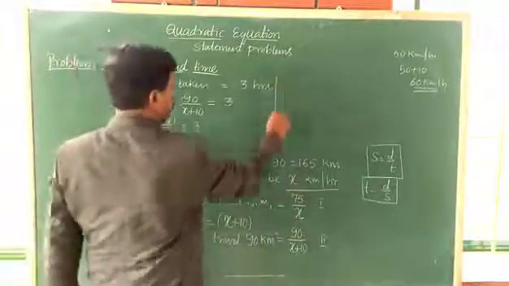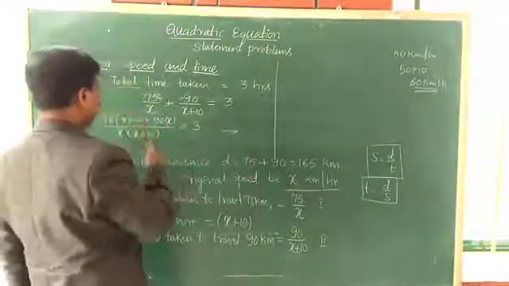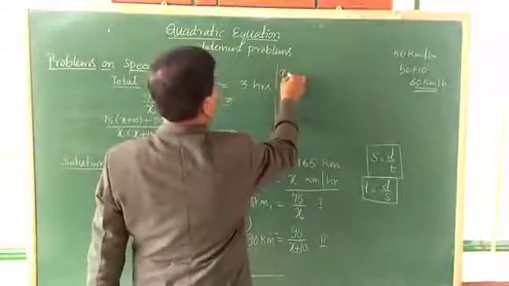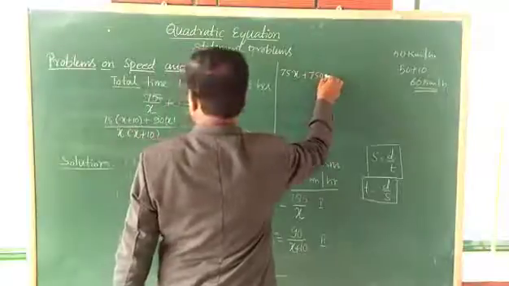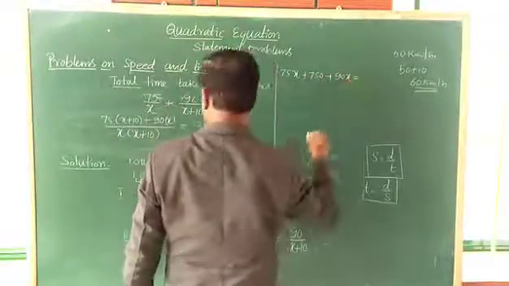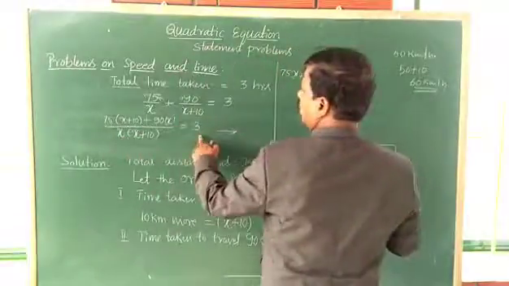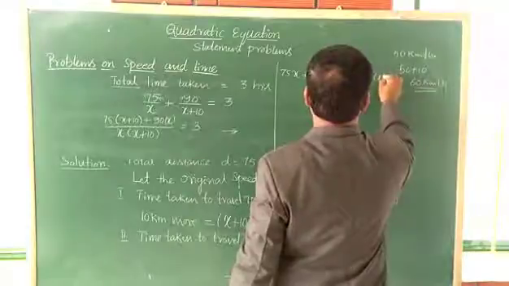Now next, we are continuing this. 75x plus 750 plus 90x is equal to, now cross multiply this, 3x into x plus 10.